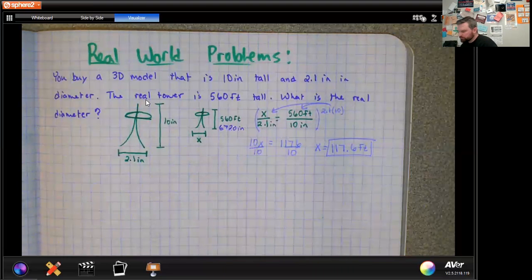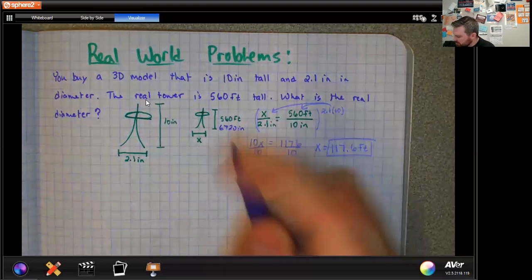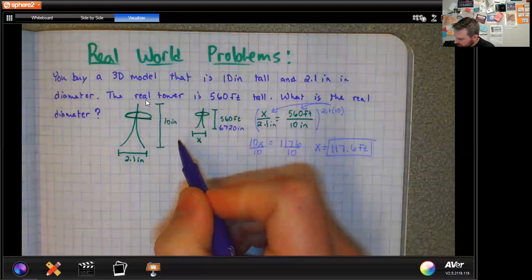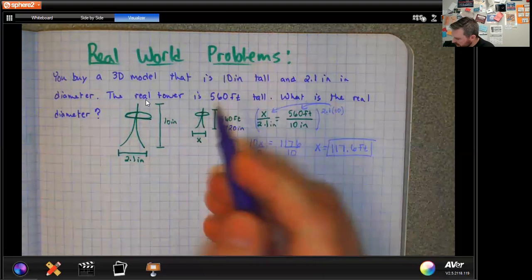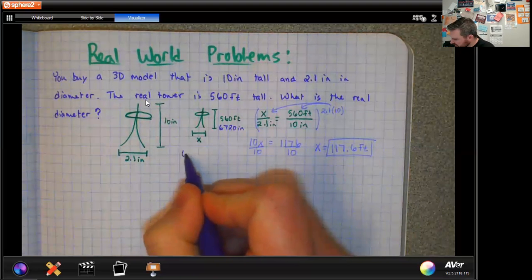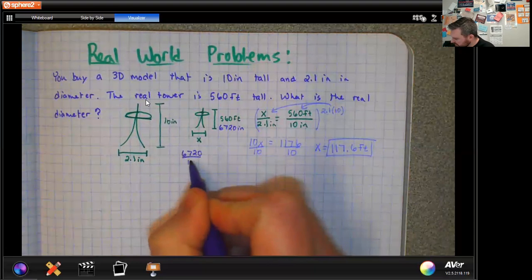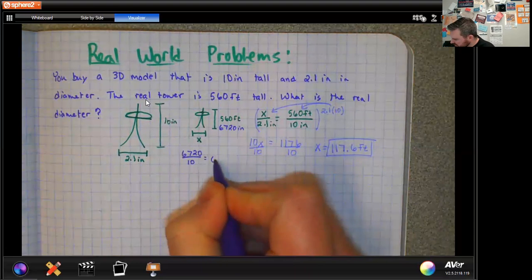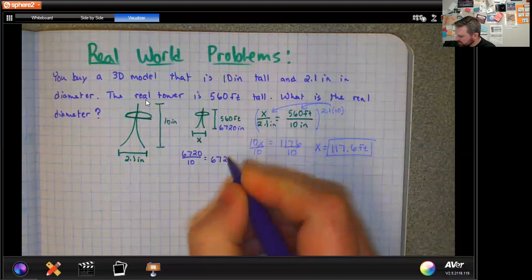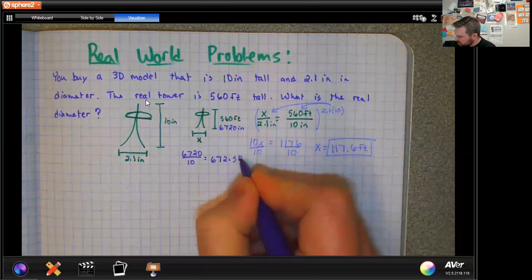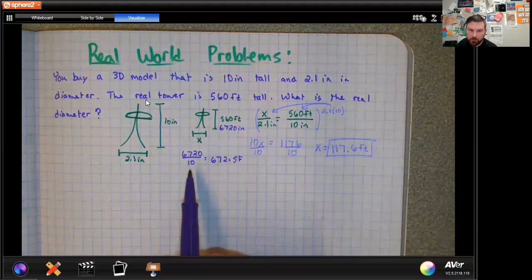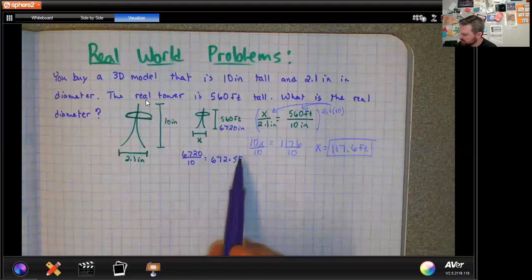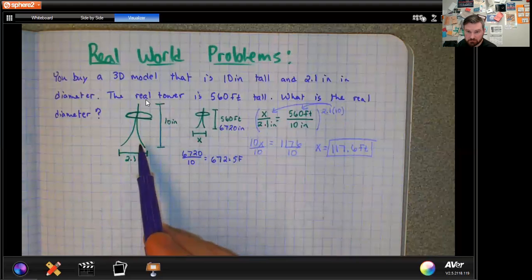To find my scale factor, we put one number over the other. It doesn't really matter, I'll put the bigger number, 6,720 over 10, and if you divide that, you get 672. That's the scale factor. This means the actual real tower is 672 times what this one is.